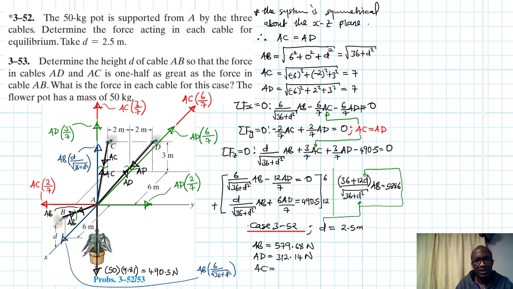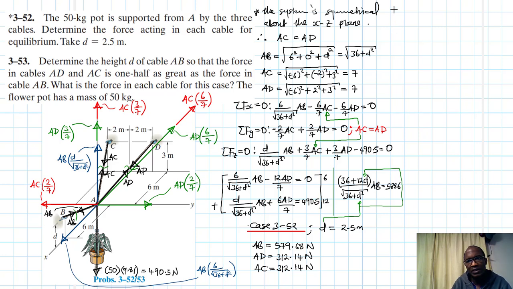We know that AD is equal to AC, so there is nothing like calculating, right? I almost forgot. This is 312.14. Alright, so we are done with the first case.